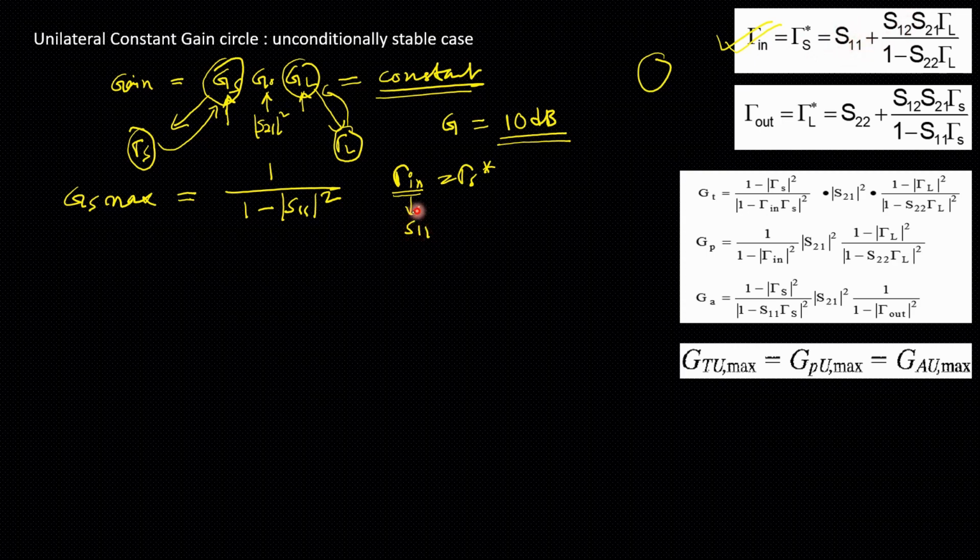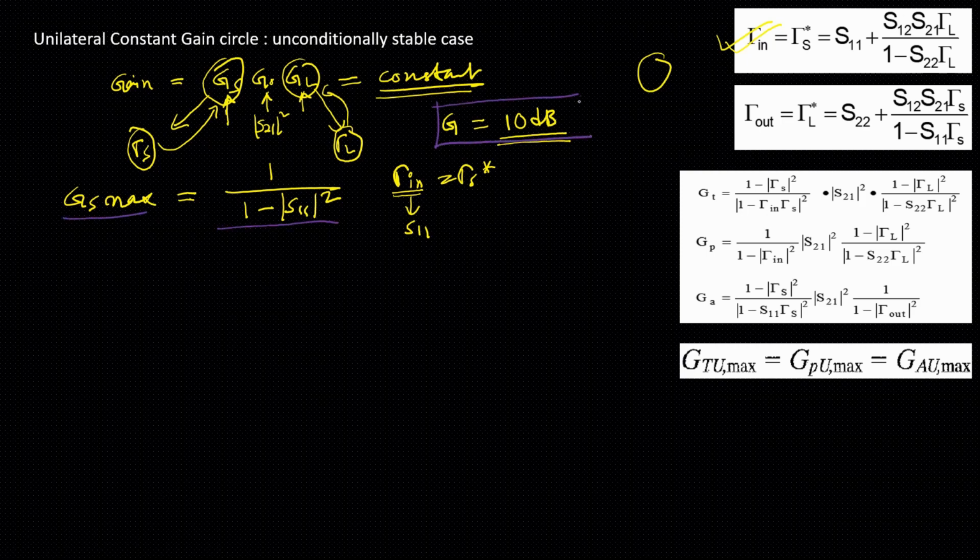If I put this in the equation of GT, this GS part will be maximum, and this maximum number I derived in my last video. So this is your GS max.